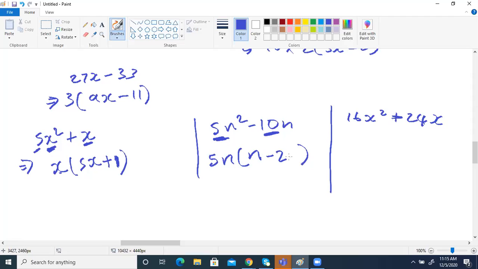If you put 2n, then 5n times 2n gives 10n squared. So just 2 would be enough. Let me put the bracket a little closer.